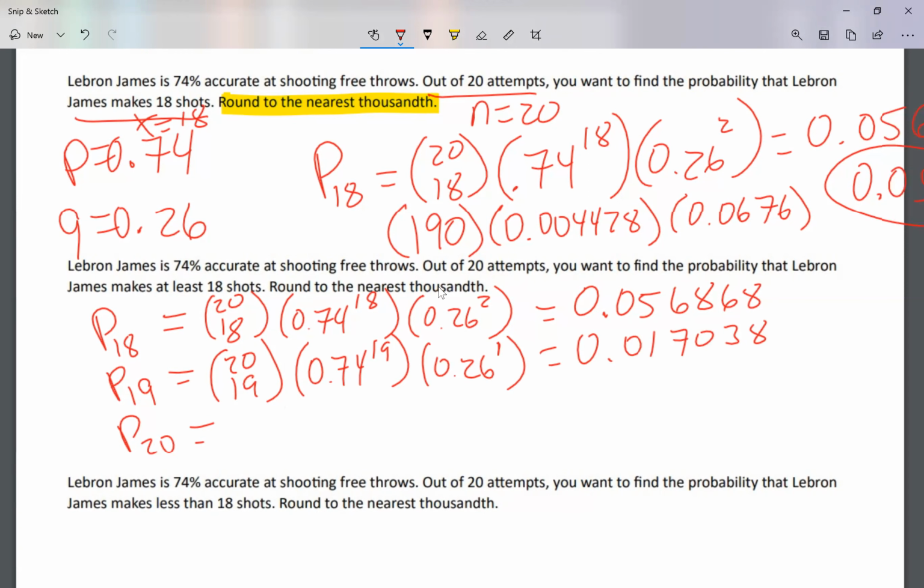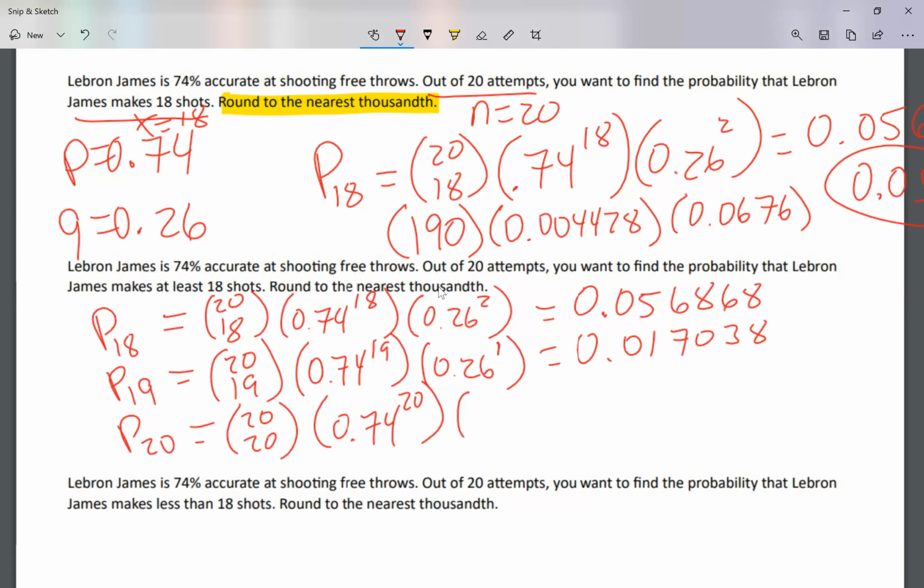Okay, what's the probability he makes 20 shots? So I'm going to go 20 choose 20. The probability of success is 0.74 to the 20th power, because I want him to succeed 20 times. The probability of failure is 0.26 to the 0 power.